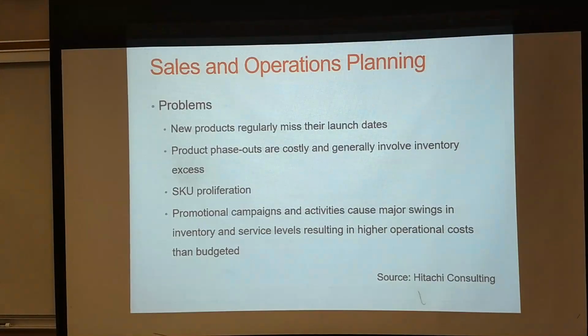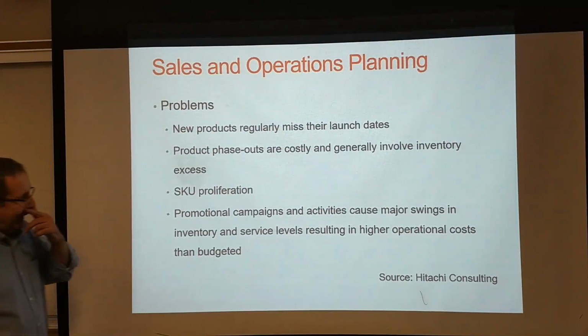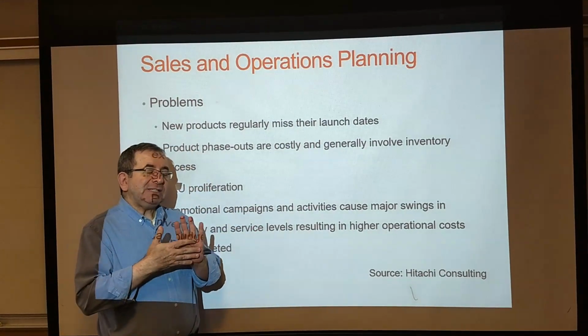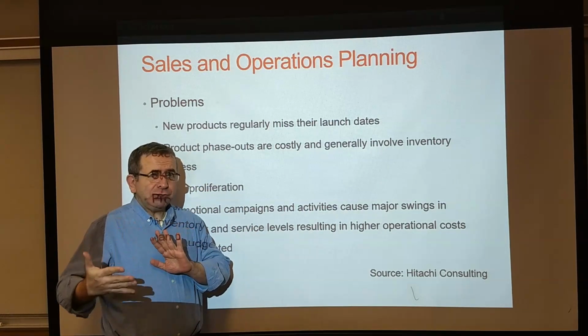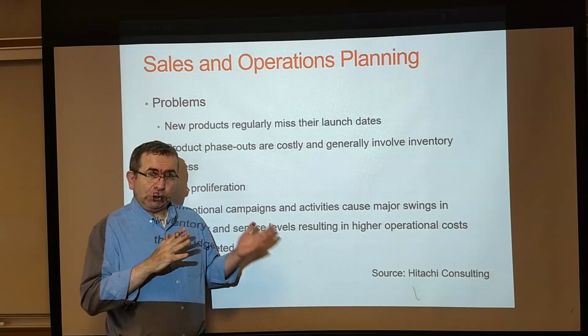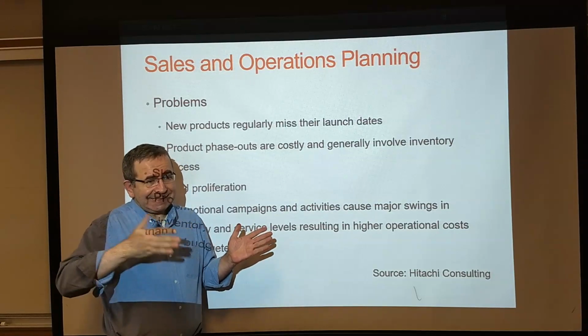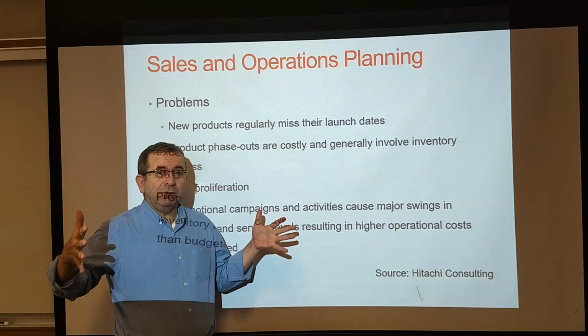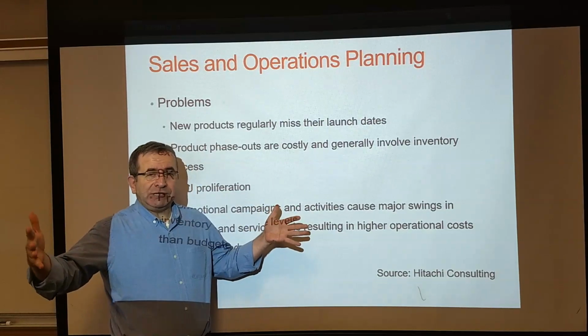You can watch the rest of the video. So this is what SKU proliferation means. Companies like to introduce new products because new products are more profitable than older products. But as they keep introducing new products, the product portfolio just grows and grows and grows.